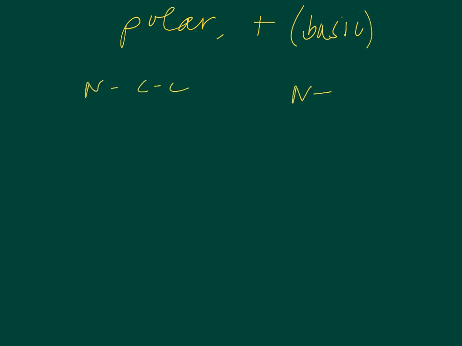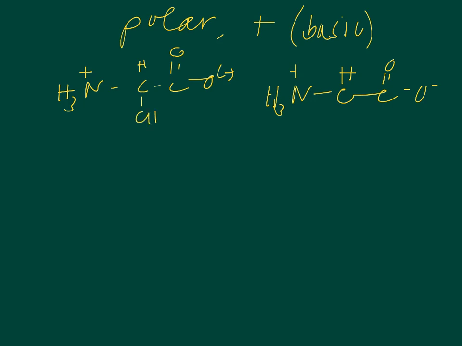NCC, and these are pretty big amino acids structure-wise, so give yourself some space. O-, alpha carbon, alpha carbon. Okay, so the first one has 4 methylene groups: 1, 2, 3, 4, and then an NH3 plus at the bottom.